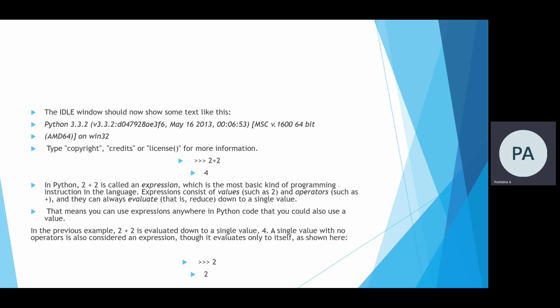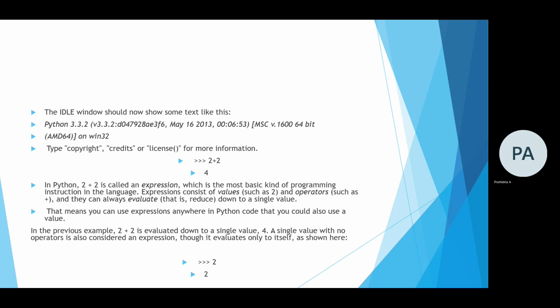Now the 2 plus 2 is called an expression. It consists of an operator and operands. Once we have written it down and we make the interpreter run it, it will give a result of 4.